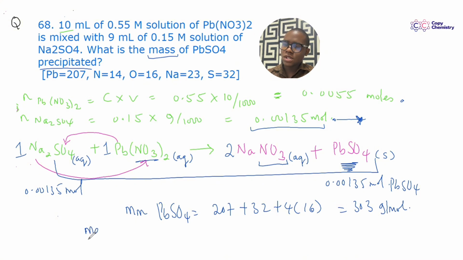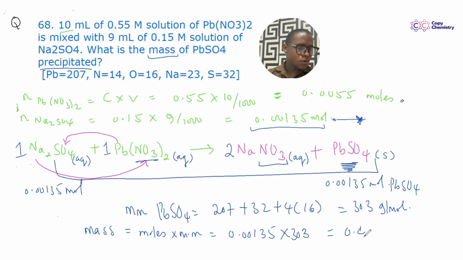Then you conclude this question by saying mass should be moles times molar mass, and that would be 0.00135 multiplied by 303, which should give us 0.40905 grams. I'm just going to write 0.40 grams. That is the end of this question.